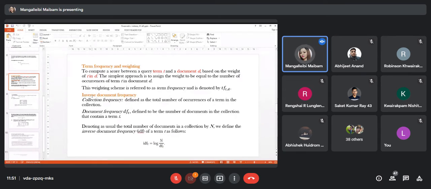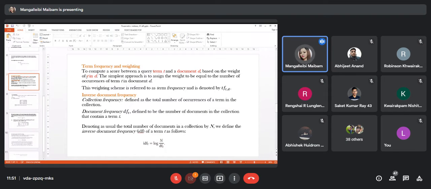Okay, so for your end term, the syllabus will be after midterm. So we will do the revision after midterm portions.